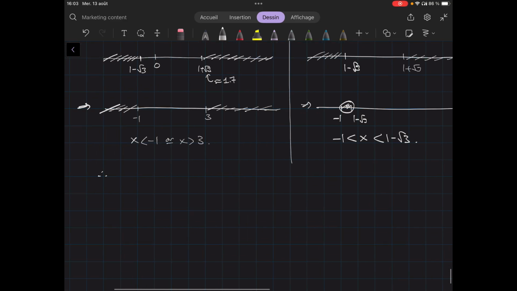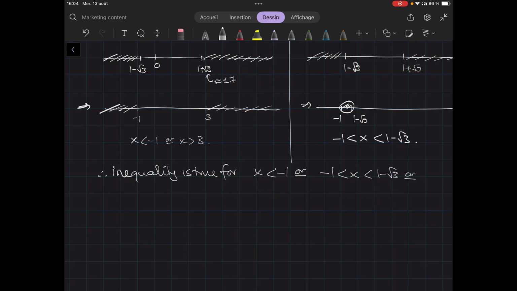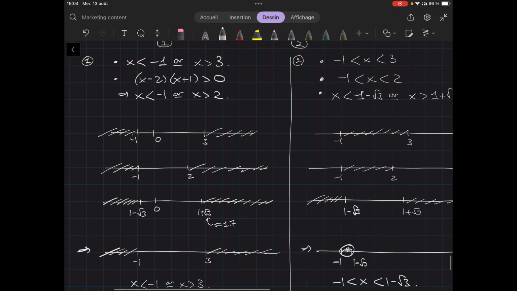Therefore, the inequality is true for x less than negative 1, or negative 1 less than x less than 1 minus root 3, or x greater than 3. End of question. Moving on to question 4.